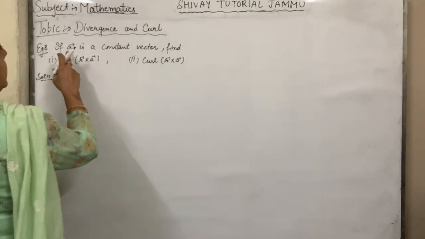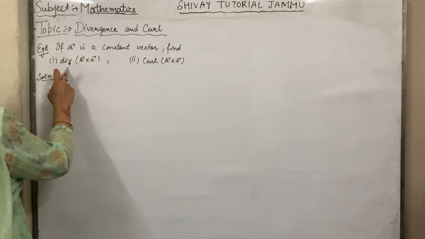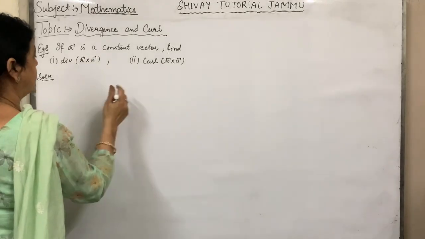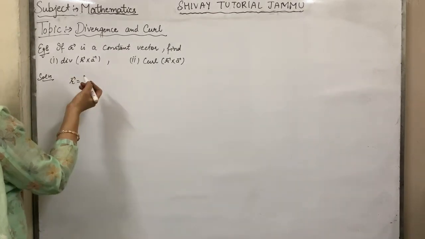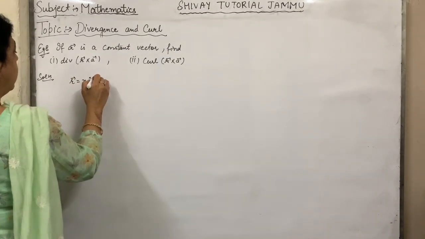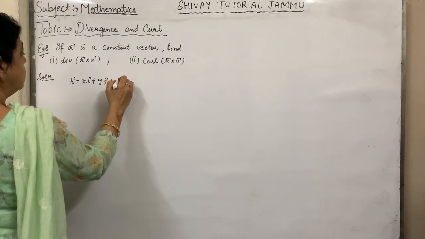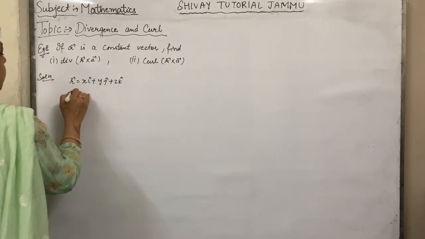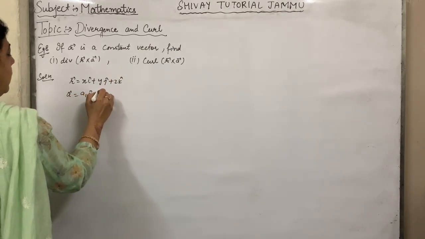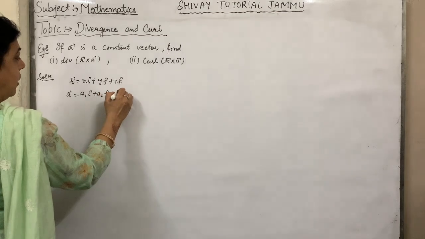Now, A is a constant vector and we have to find div of r cross A and curl of r cross A. What is r vector? Let's suppose r vector is the general vector xi, yj, zk, and A vector we will assume as a1i, a2j and a3k.